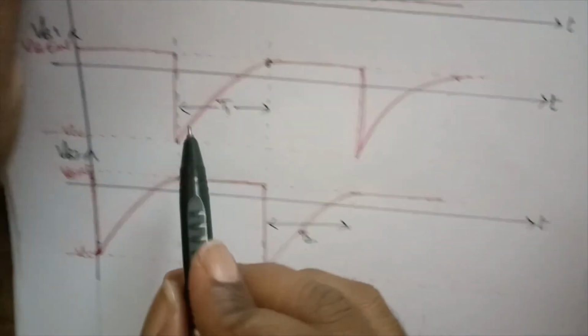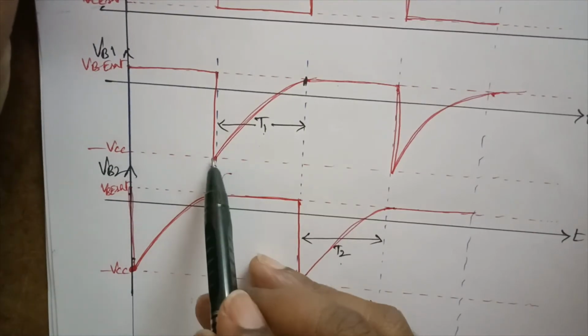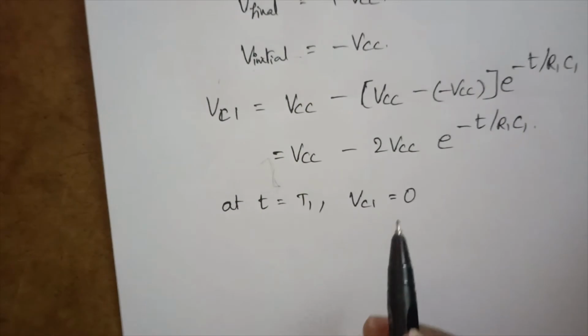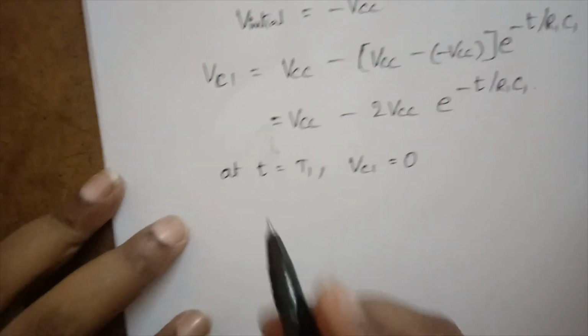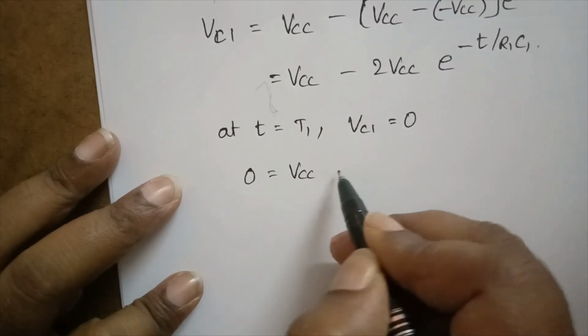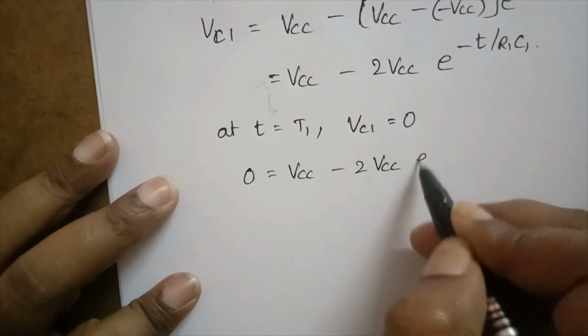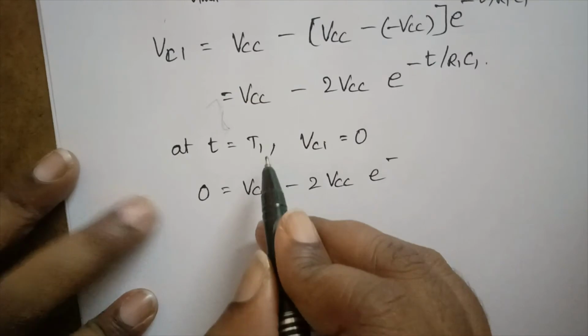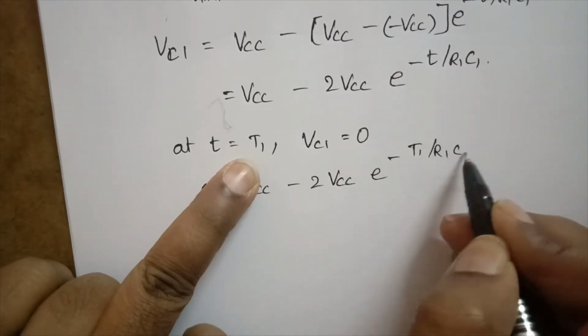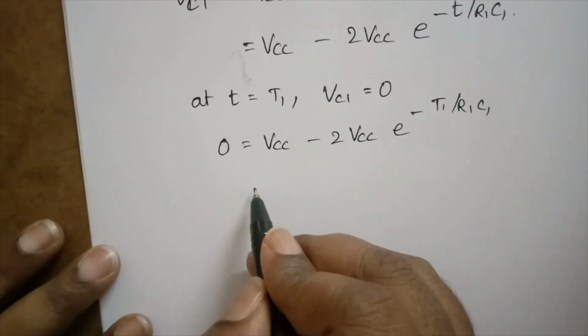Here at t is equal to T1, the capacitor is at minus VCC, but it does not suddenly change to plus VCC. Therefore, this is 0. So now what does the equation become? 0 is equal to VCC minus 2 VCC e power minus T1 by R1 C1. So simplify this equation.